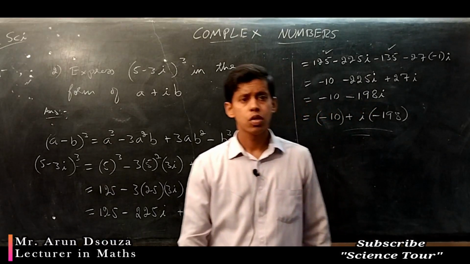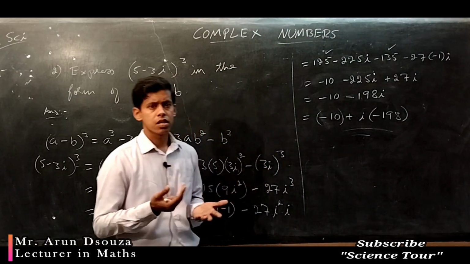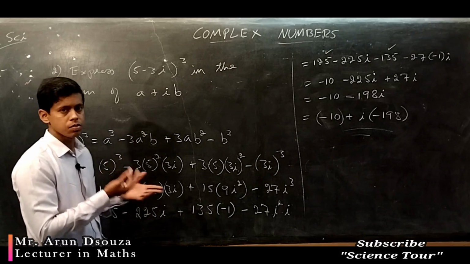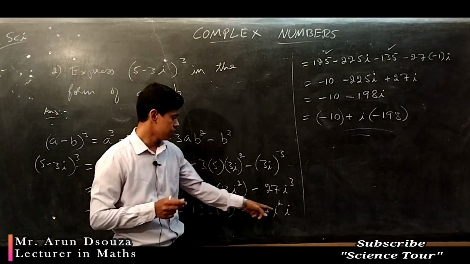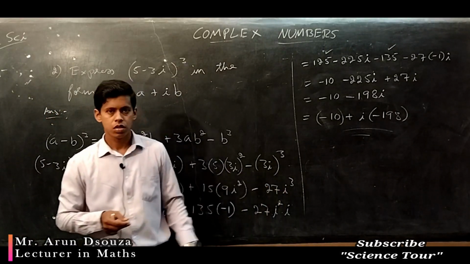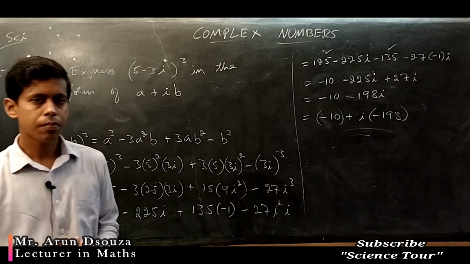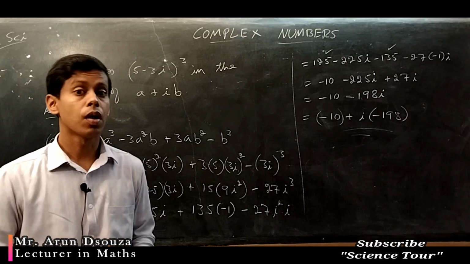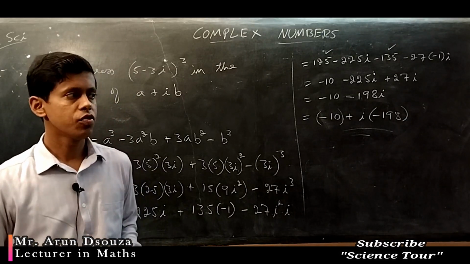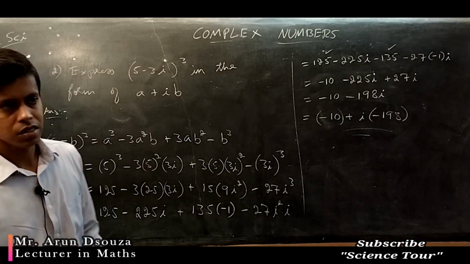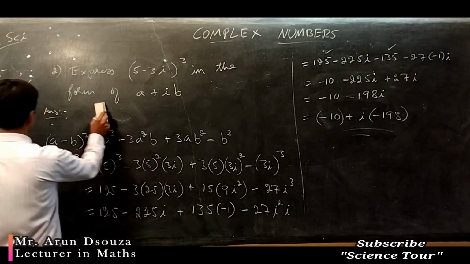You just have to use your algebraic skills here, just multiplication, adding, subtracting, and I square, I cube, you need to understand how to rewrite them, and how to simplify powers of I. Well, if you know these things, then you will master this concept well.